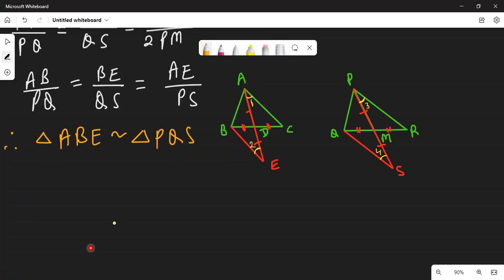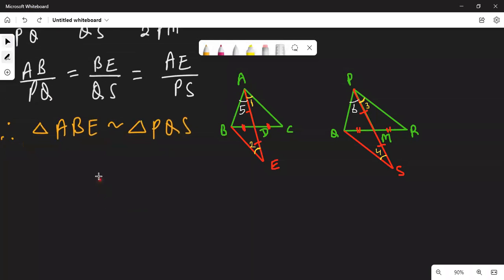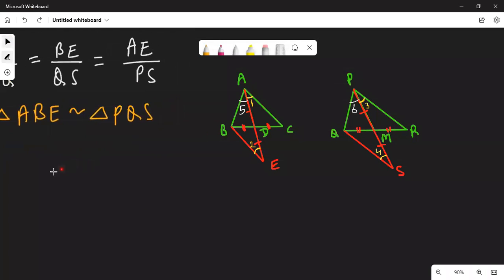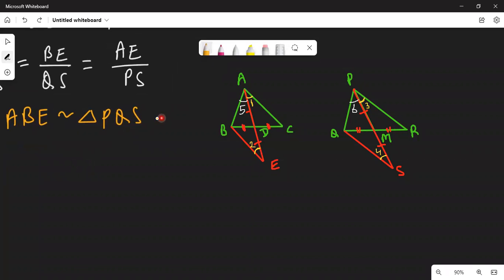Once they are similar, let's take the angles of those similar triangles as well. So let's name this angle, part of this, angle 5, and let's say this is angle 6. Can we say angle 5 is equal to angle 6? Corresponding, yes, we have shown them to be similar. They are similar by SSS, so in the bracket we write SSS similarity.